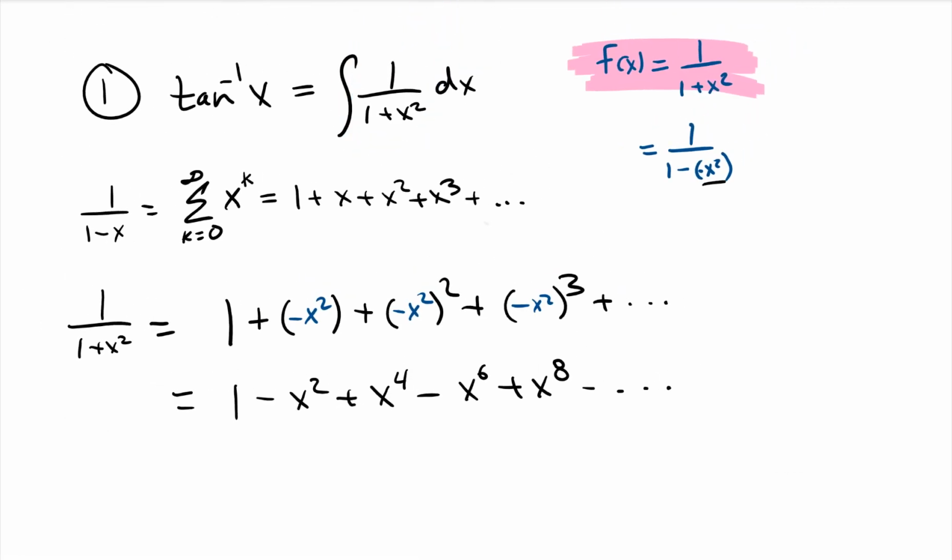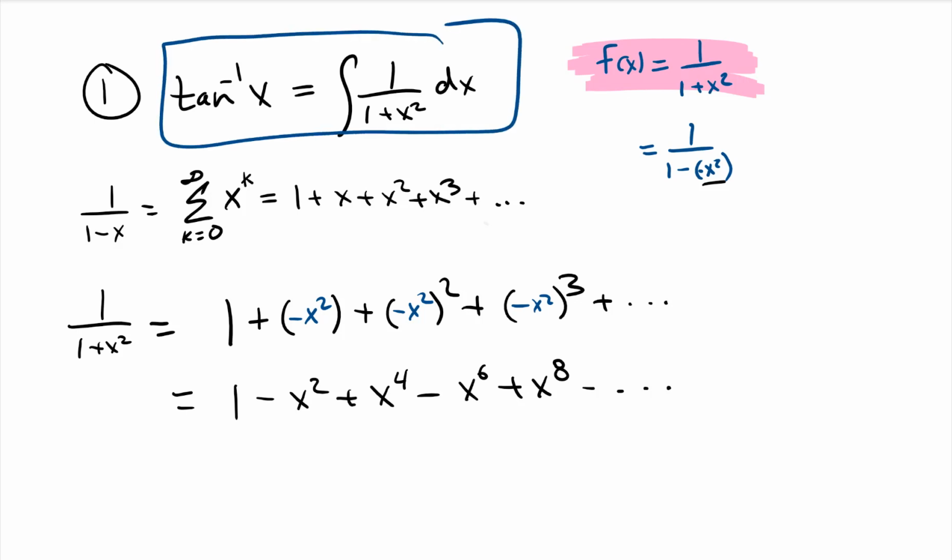But look back at the beginning. If we integrate 1 over 1 plus x squared, we're going to get inverse tangent. So inverse tangent will just equal the integral of this.